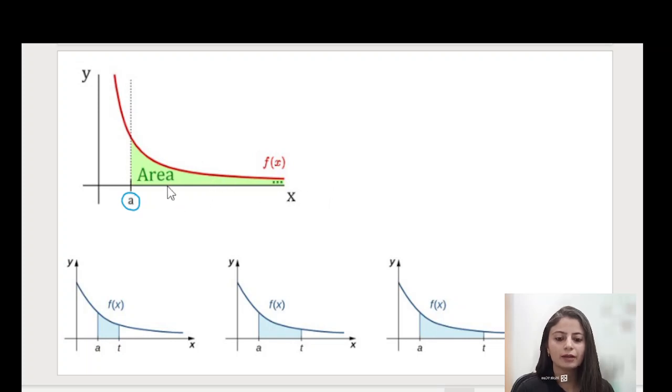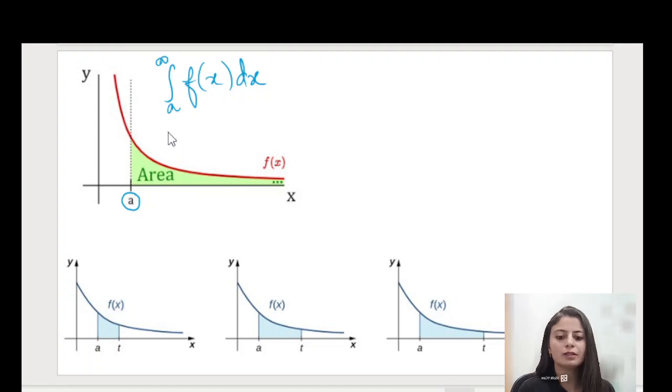Now, how can we define this area using integral? I can write it as integral f(x) dx. Now, the lower limit of this integral would be a. The upper limit is increasing without any bound. The upper limit of this integral would be infinity.